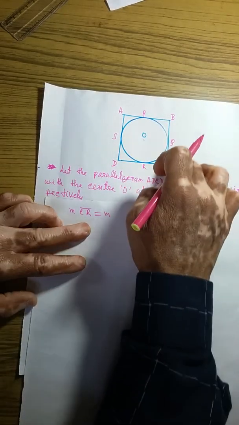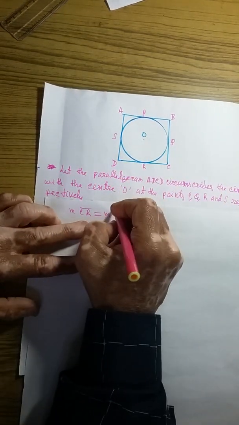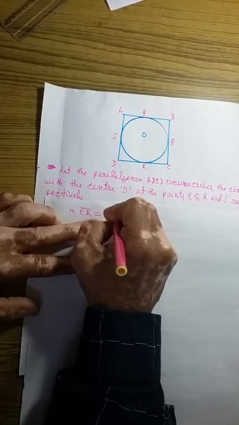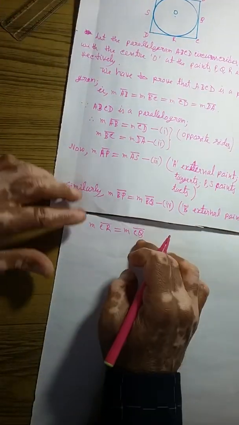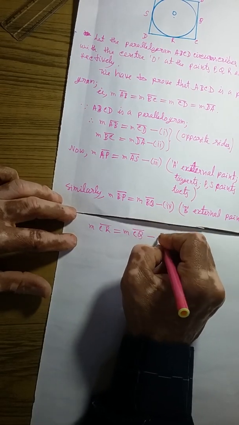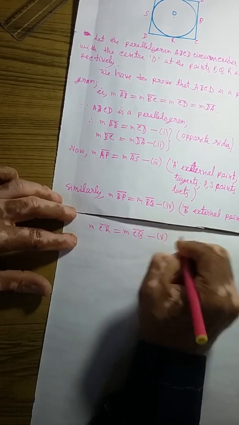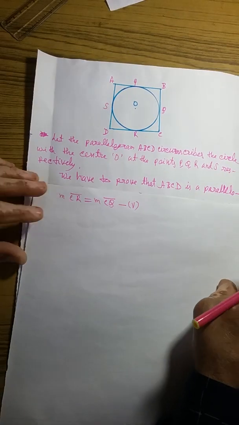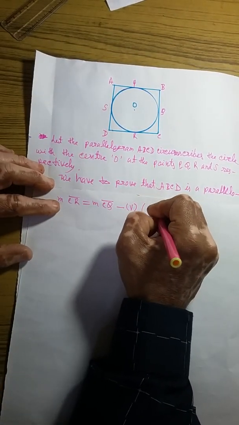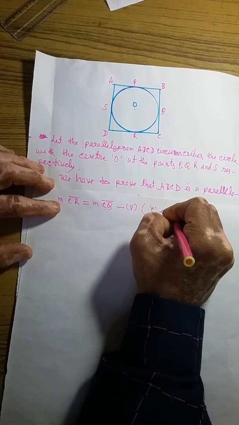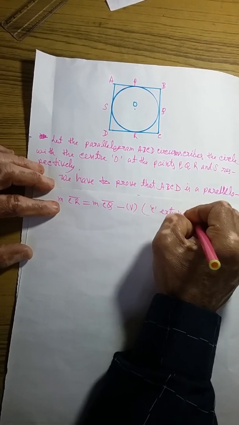Let us name this relation as 5. Write within bracket, C external point.